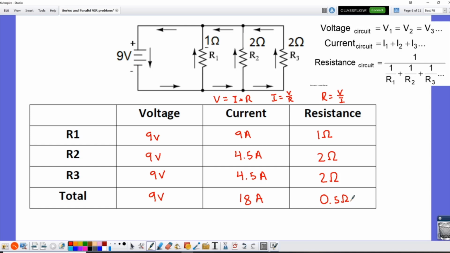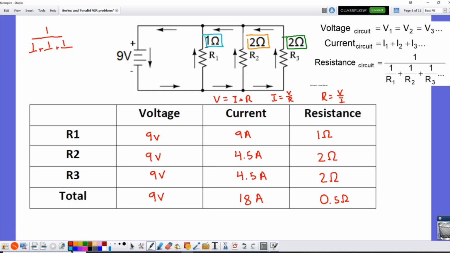Okay, and to do that mathematically, again, I'm just going to show you how to use this equation. We filled out this entire chart without having to use that equation, but again, I'm going to show you how to do that. Resistor 1, I'm going to put blue. It's going to be 1 ohm. Resistor 2 will be orange, and then resistor 3 will be green. Right, so mathematically, the way you would do that is 1 over R1 plus 1 over R2 plus 1 over R3.